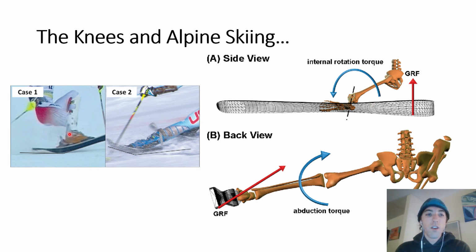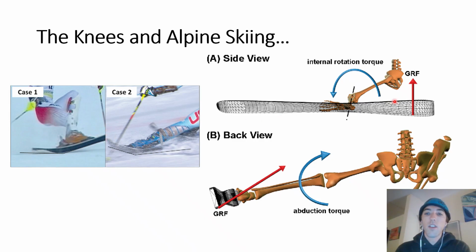So we can see here, case 1, this skier is falling backwards, and it's a very similar situation. You can see kind of the same characteristics of this outside ski, downhill ski. It's kind of hard to tell from this image, but all of their weight is here, and it's on the tail of the ski too.